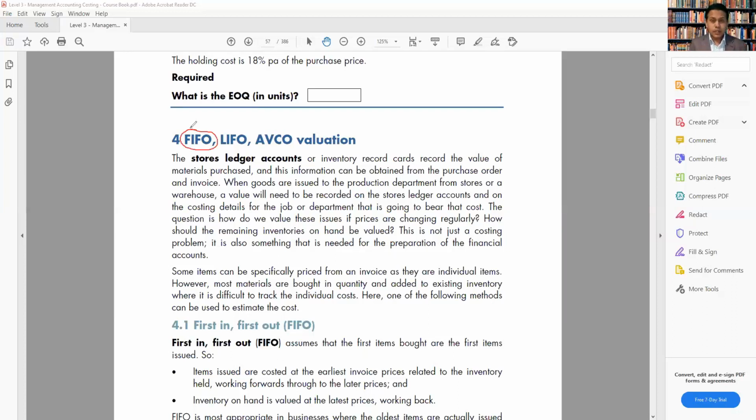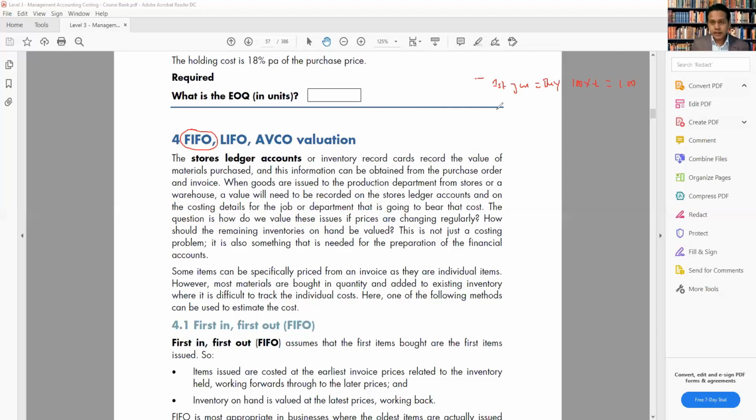When you use any technique for inventory valuation, you have to know you only value the inventory when you actually issue. For example, let's say on 1st of January, we buy or receive 100 units, and every unit is £1, so 100 pounds is the value.